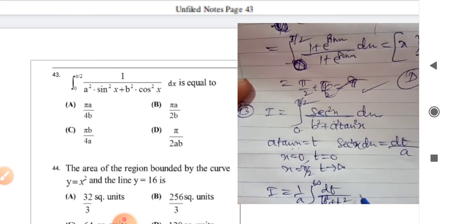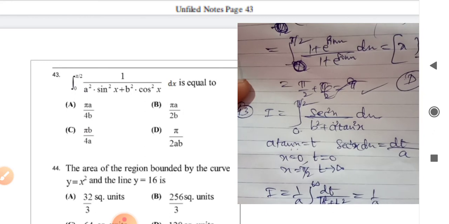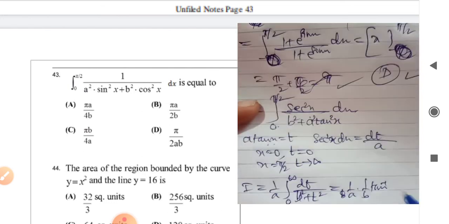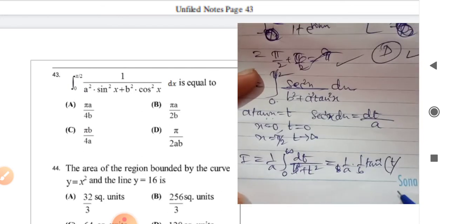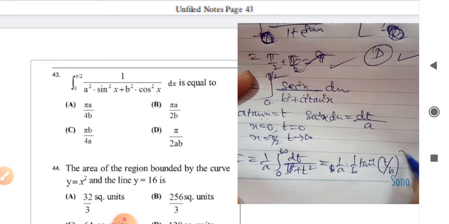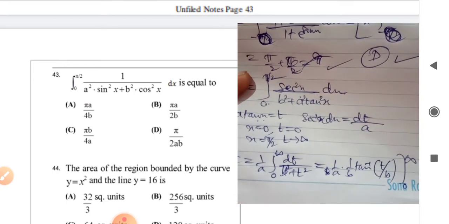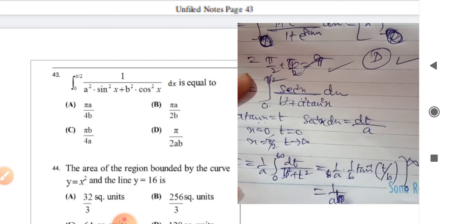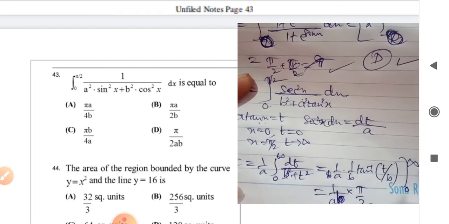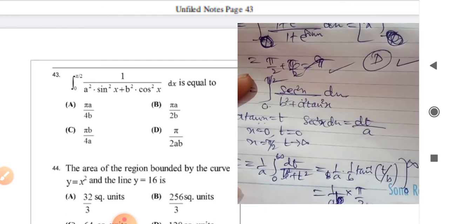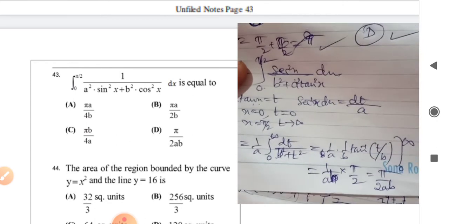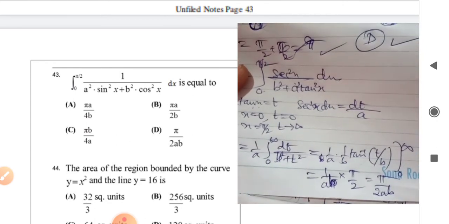So you get 1 by a, 1 by b into tan inverse of t by b, where it is 0 to infinity, correct. So finally you get 1 by ab into pi by 2, because tan inverse of infinity is pi by 2, tan inverse of 0 is 0. So you get pi divided by 2ab as the answer for this question.